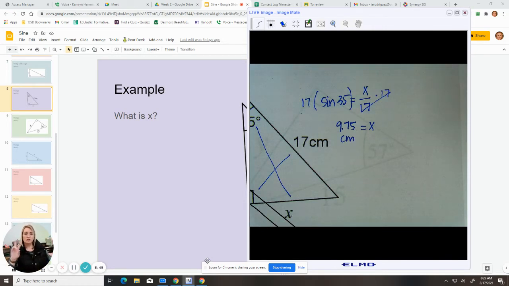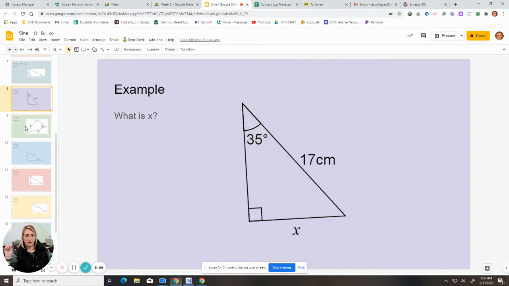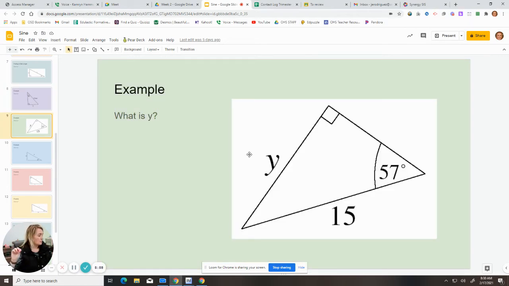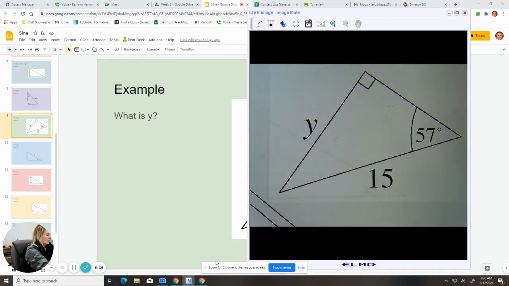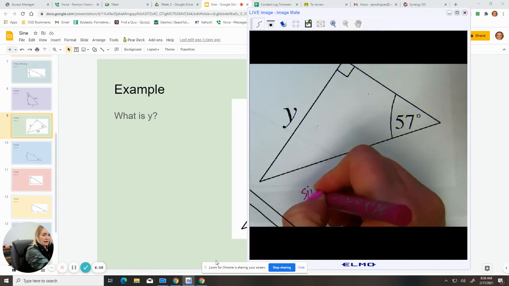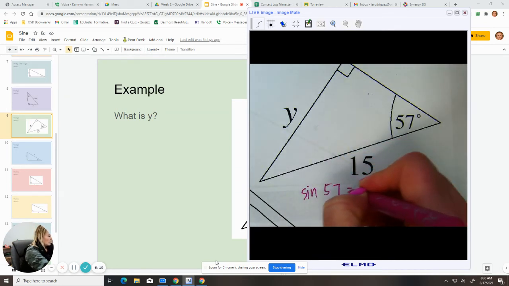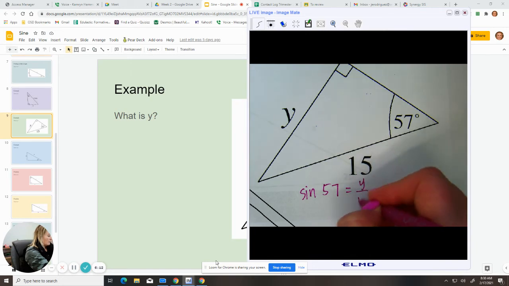Okay, so those are the 2 different ways that you can solve for a side length. So we're going to do an example of each one again. This one is very similar to the one that we just did, where we are looking for our opposite side. So we would say the sine of 57 is equal to y over 15.